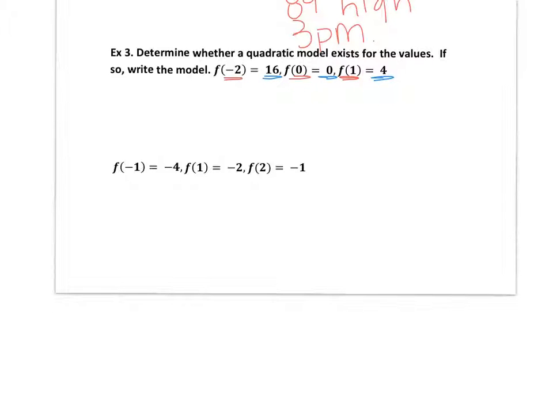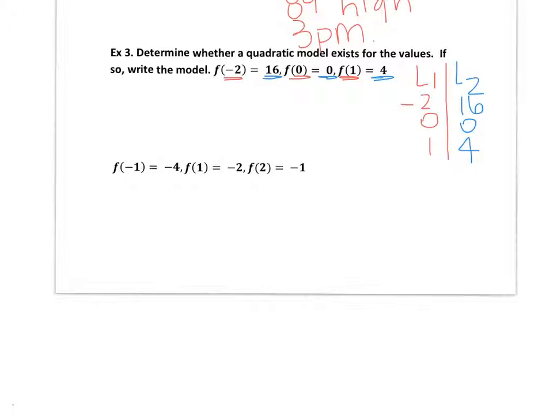So don't let that throw you just because it looks a little bit different than how we're used to seeing it ordered pairwise. Okay, so you're still going to take them, put your x's into L1. So L1 and L2. My L1 values are -2, 0, and 1. My L2 values are 16, 0, and 4.